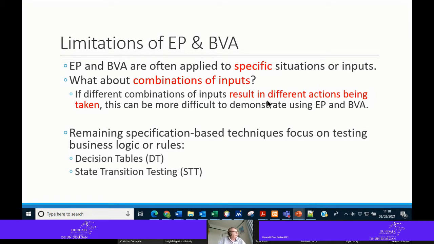So you're really looking at a combination of inputs. You're looking at trying to get it really at the kind of unit test level and such.